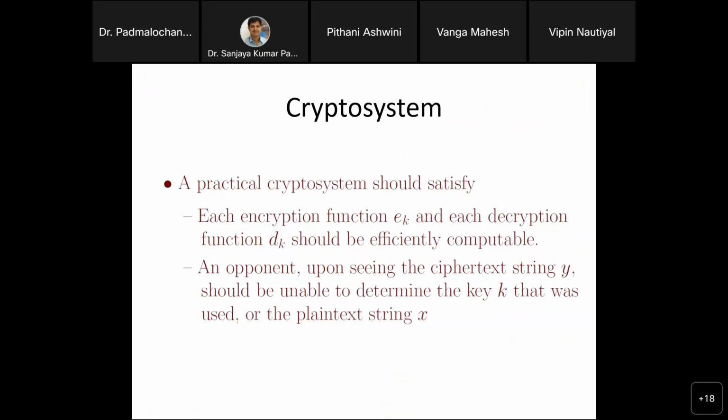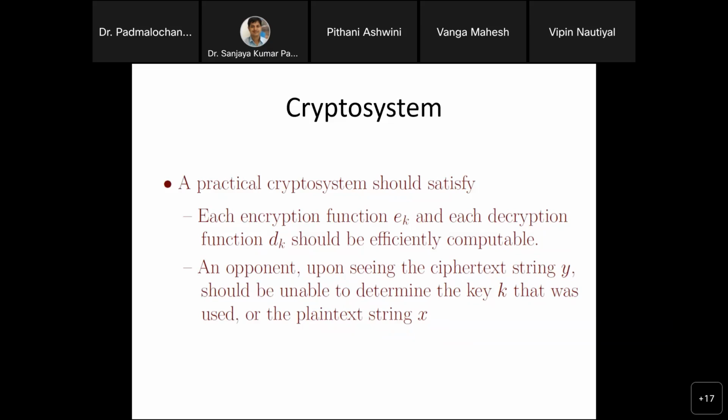But as days passed from classical crypto systems to modern crypto systems, the notion of security changed from one-wayness to perfect secrecy. Then in perfect secrecy there were certain limitations. Perfect secrecy is like the one-time pad, where the mapping from plaintext to ciphertext using a particular key is purely random.